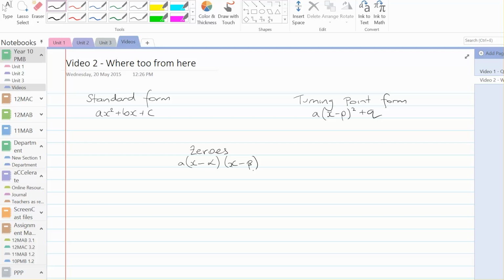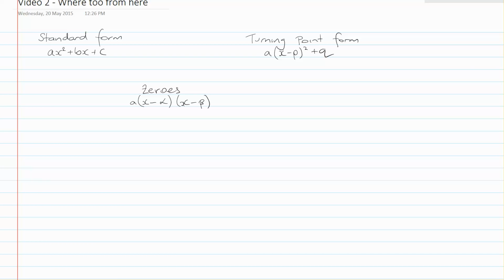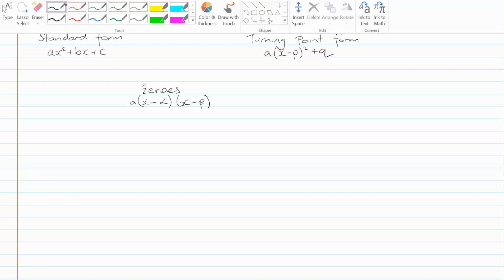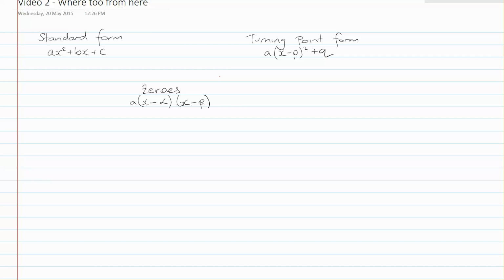Now the reason why I brought this up is just a little bit of an addition to what we've talked about prior to this on these three forms. I'd like to make that really clear with you. So just in red here, now that we've talked about last lesson, we can go between these three forms at will. So first of all, if we're heading from turning point form to standard form, we just expand brackets, and that's what I did right at the start of last lesson.